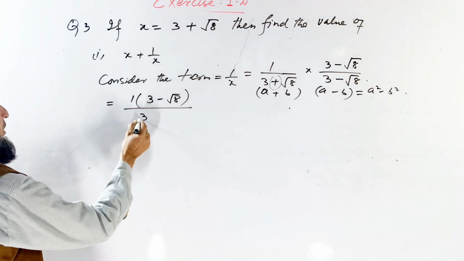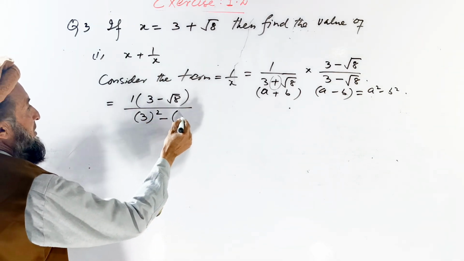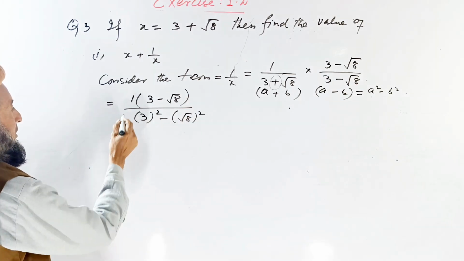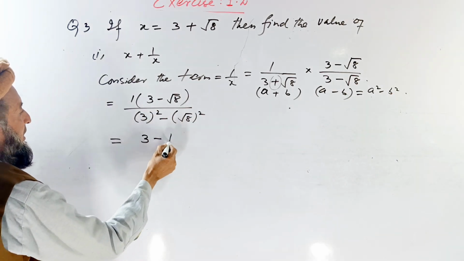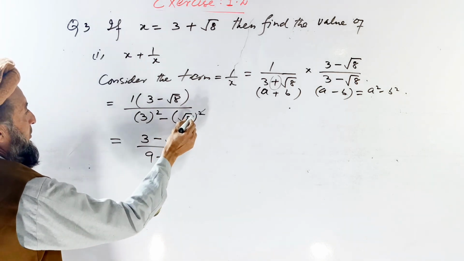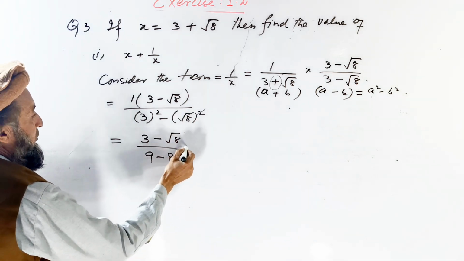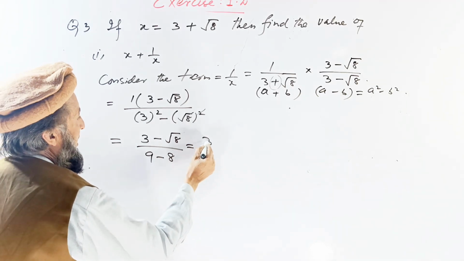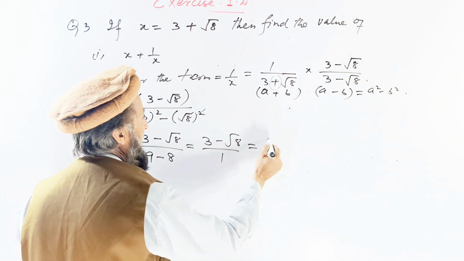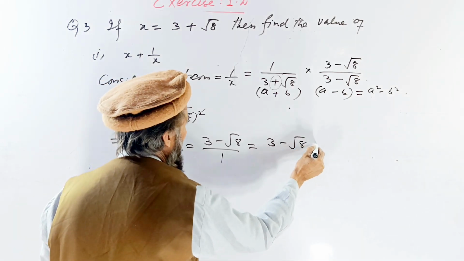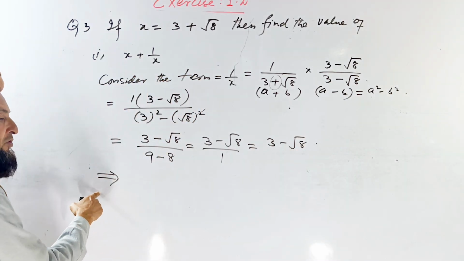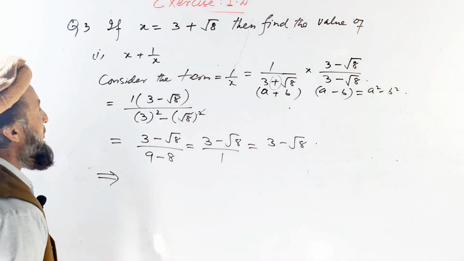According to this formula, we can write 3 square minus square root of 8 whole square. 3 square is 9, and the square and root cancel, so we get 8. So 3 minus square root of 8 divided by 1, so 1 by x is 3 minus square root of 8.